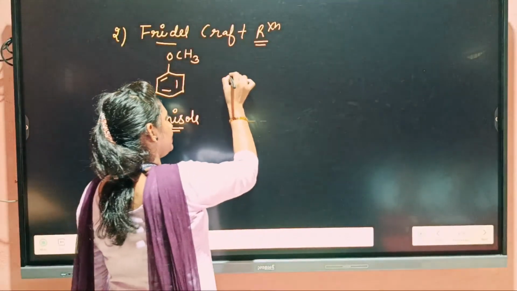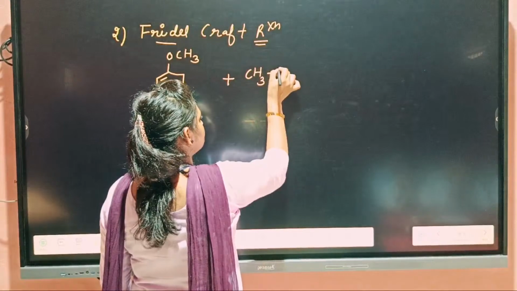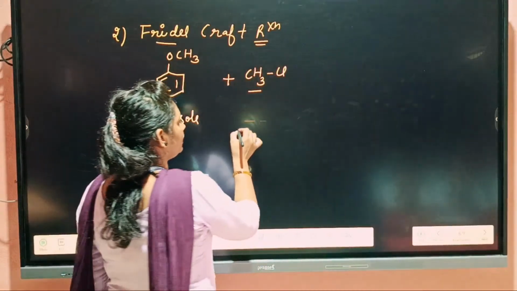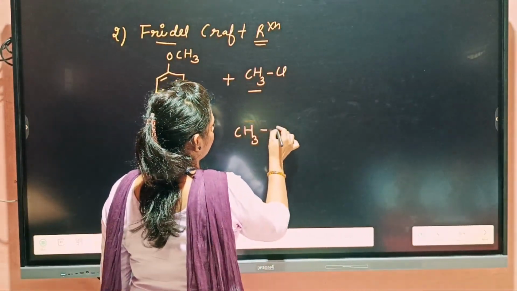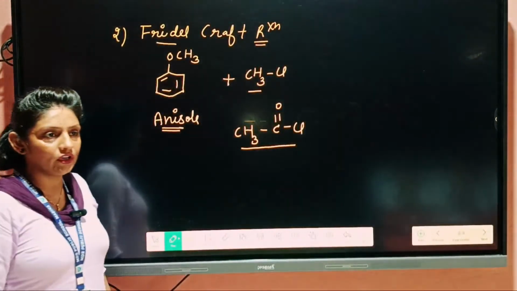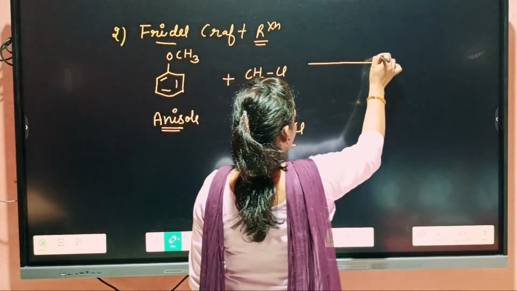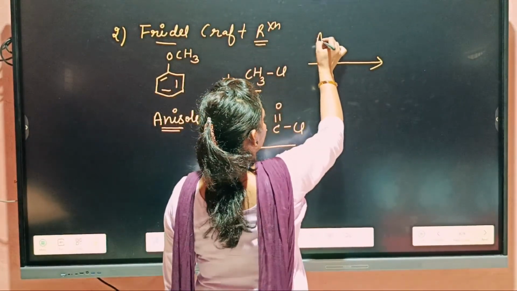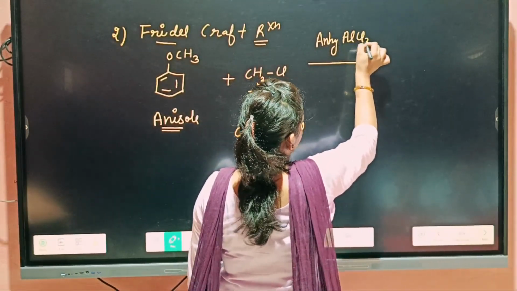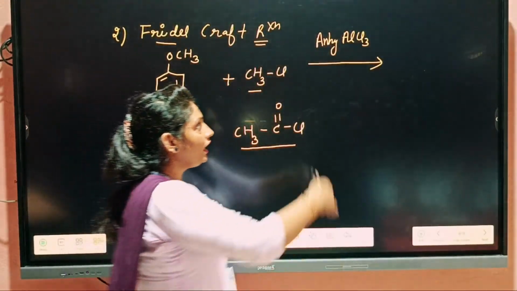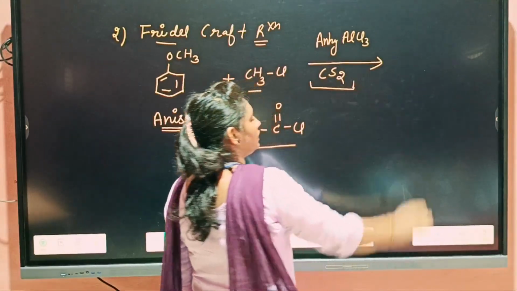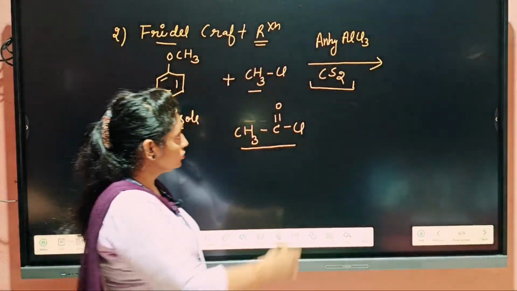In the Friedel-Crafts reaction, we can take either an alkyl halide or acetyl halide, or acetyl chloride. Students, in the case of phenol, you were doing the reaction in the presence of anhydrous AlCl3. Here you will take anhydrous AlCl3 as well as carbon disulfide.